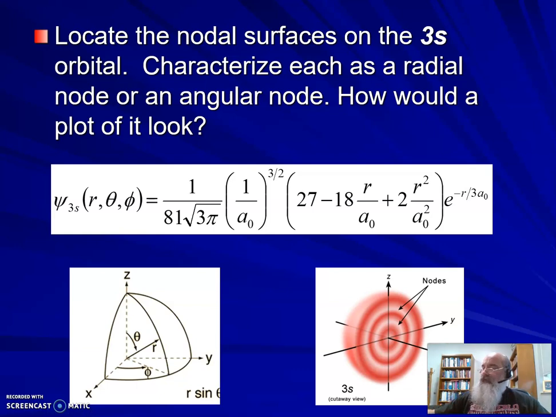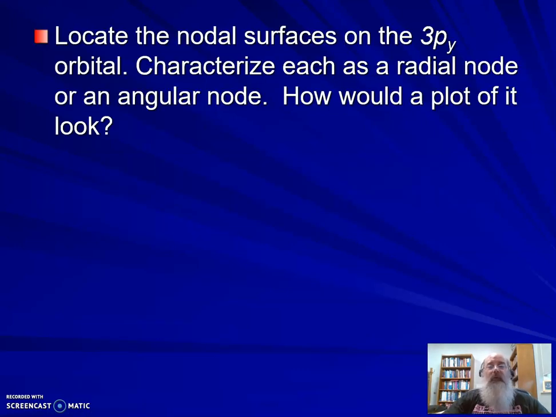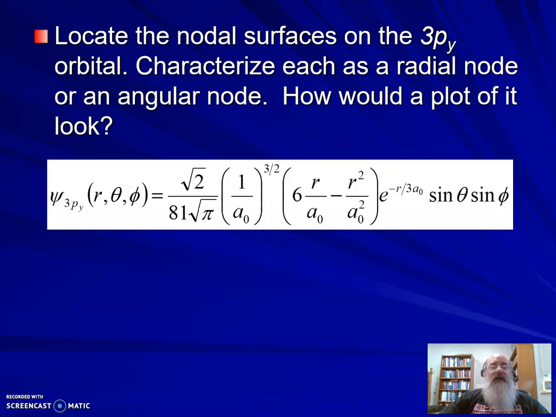Locating the nodal surface on a 3p orbital is going to be slightly more complicated, but not too bad. In this case, our quadratic has r equals 0 as a solution and another r. So that r equals 0 is not a node in and of itself.